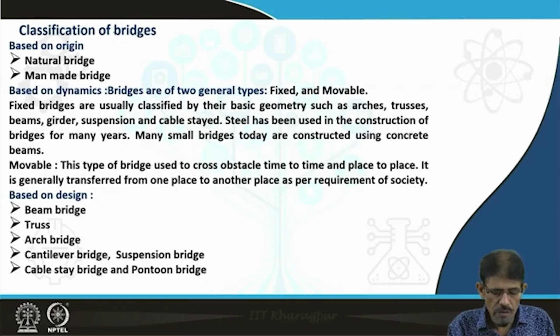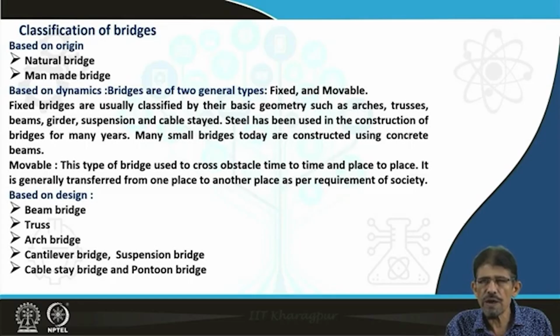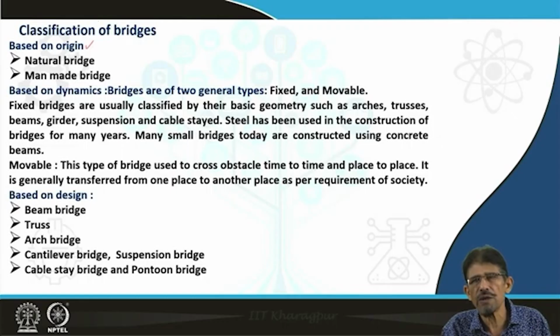So if we are going to categorize bridges, we can select certain points to categorize them, like based on origin, based on dynamics, whether it is static or dynamic, meaning zero dynamism or considerable dynamism of the structure, then based on design and working mechanism, etc. Based on origin, we can easily divide bridges into two categories.